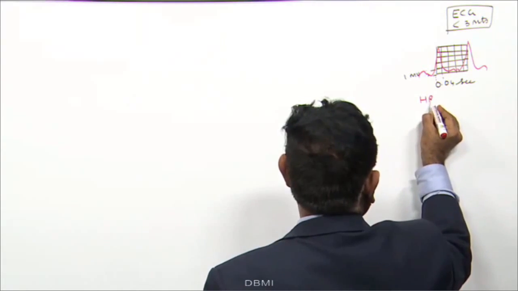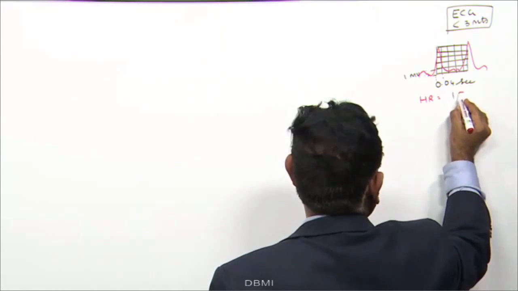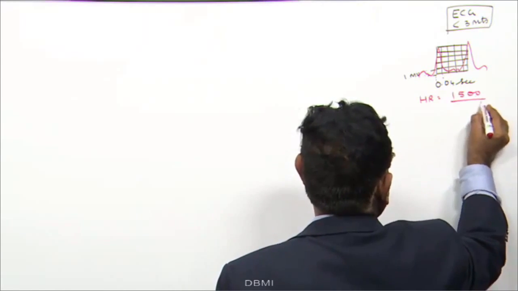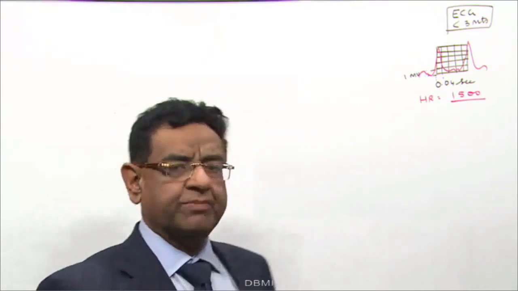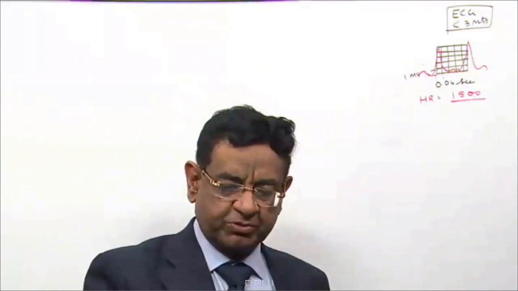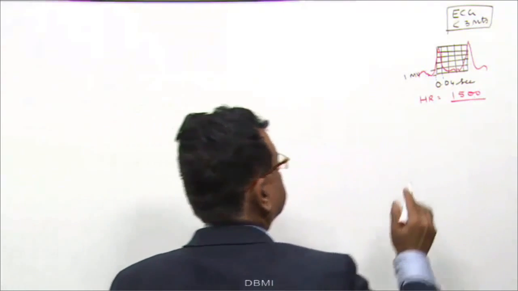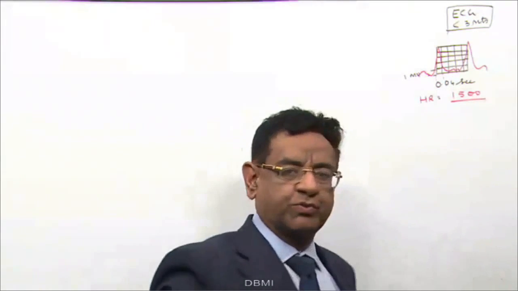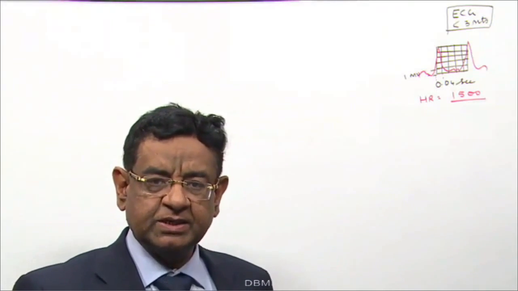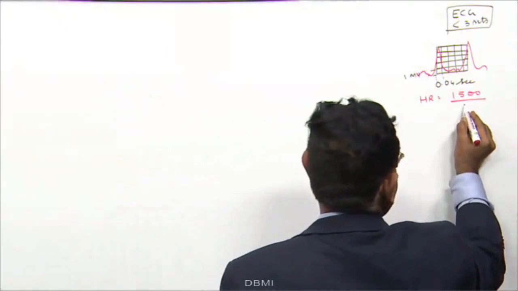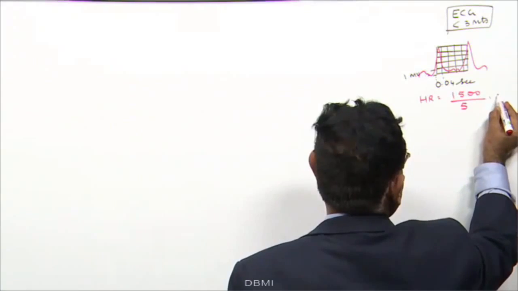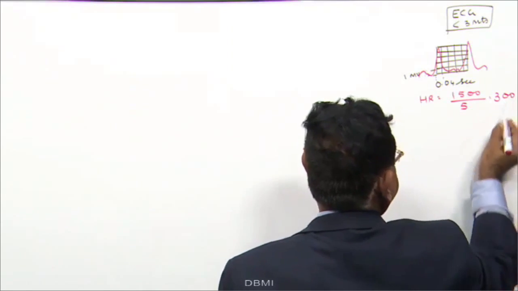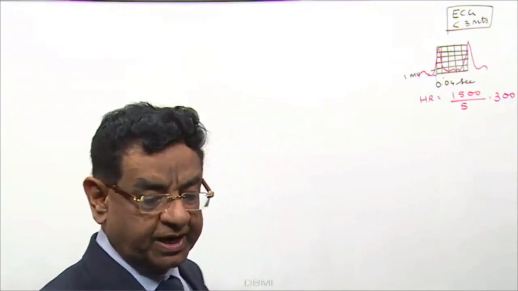Heart rate is equal to 1500 divided by number of small squares between two R waves. Look at the screen now. We have two R waves, 1, 2, 3, 4, 5 small squares in this. So the heart rate is 1500 divided by 5, 300. So in this recording the heart rate is 300.